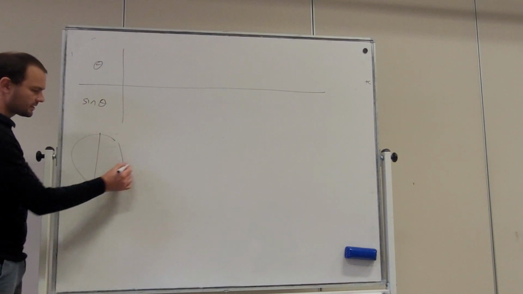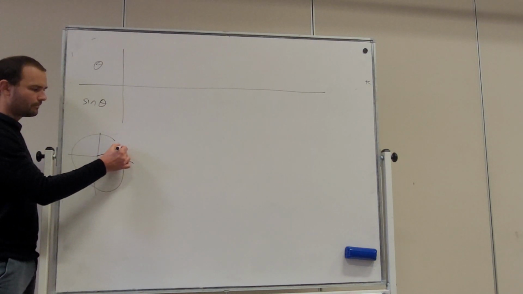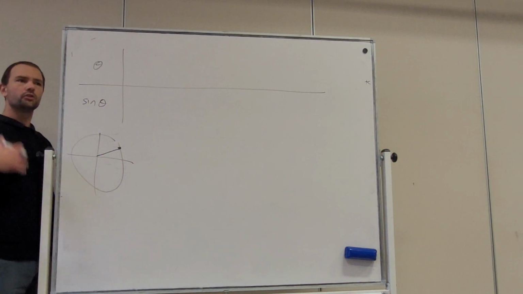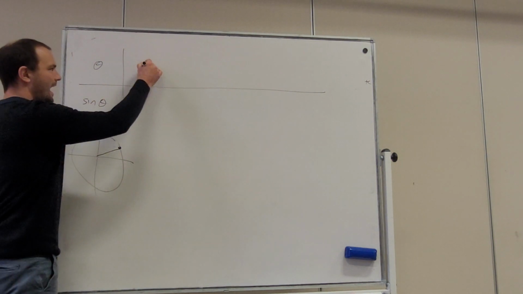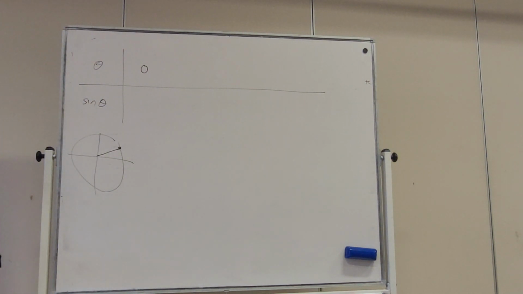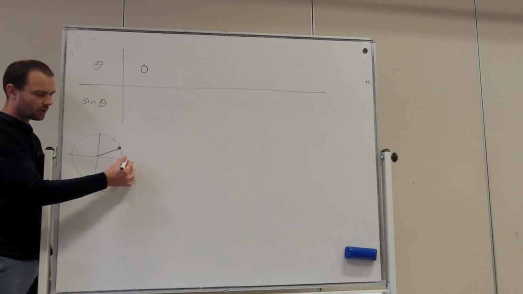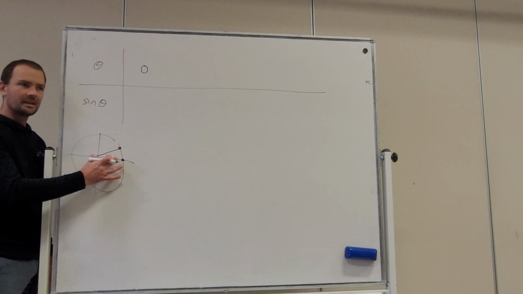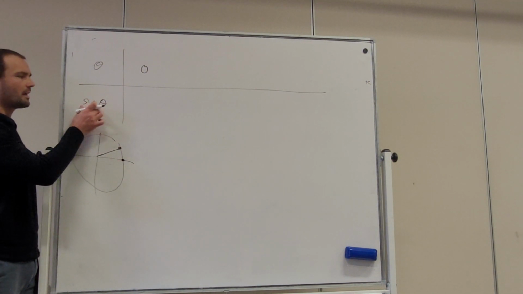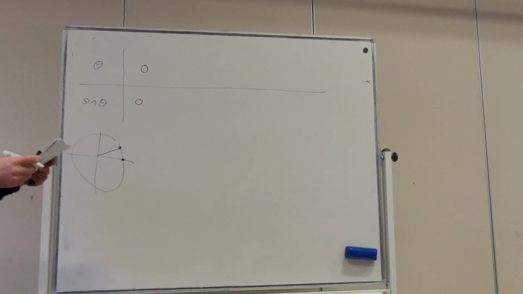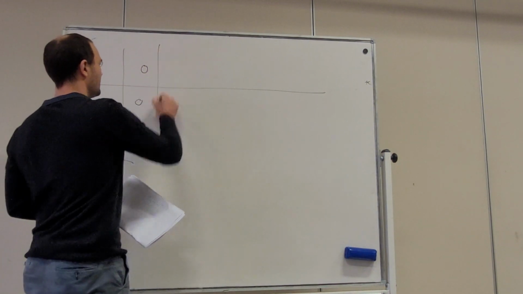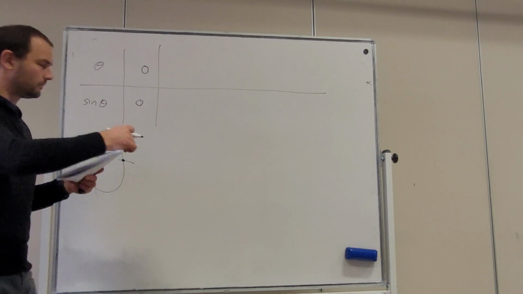Remember, what is sine theta? It's the y value on the unit circle. So we'll start with angle 0. When the angle is 0, here we are in the unit circle, the y value is 0. So sine of 0 equals 0. That's our first point. And then if you want, you can go 1.